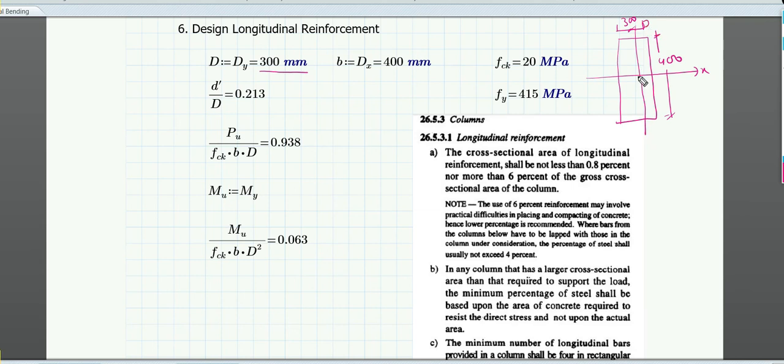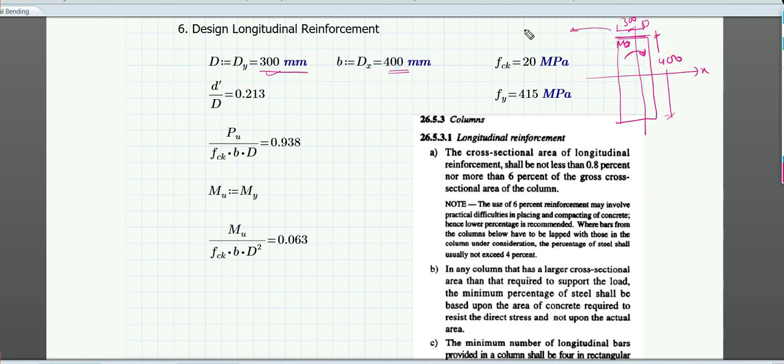So the x is 400, and we have the moment about the y direction. About y means the moment is acting in this direction. This is My, we have calculated My in this direction, about the y direction. So this moment is acting about this, and Dy is 300, Dx is 400.